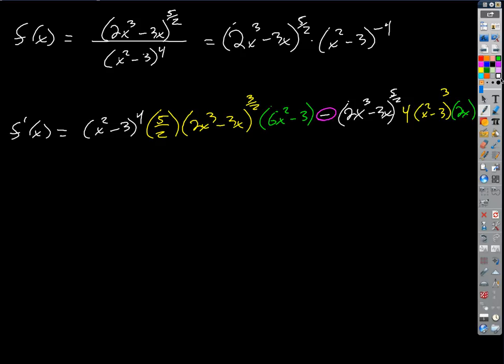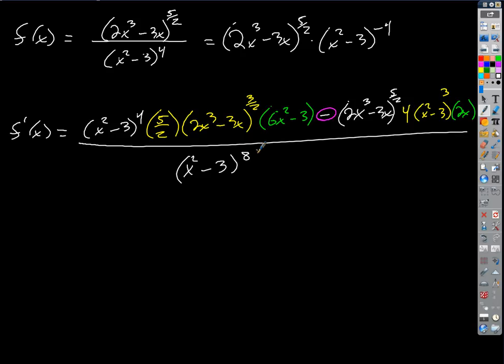Okay, what's the other part then? Okay, it's over b squared, right? So what is x squared minus 3 to the fourth squared? To the eighth. There we go, okay, yikes.